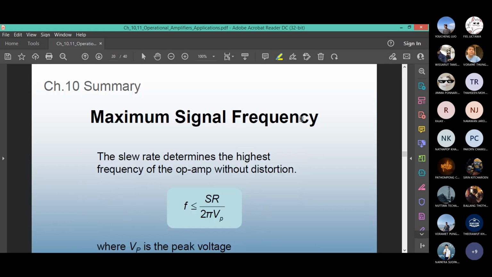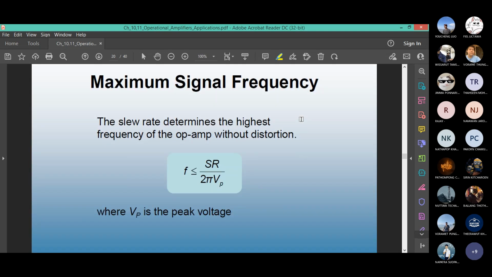Next subtopic. The slew rate is also important in determining the maximum signal frequency. Keep in mind that we are relating the slew rate and signal frequency, as long as it does not distort the signal. So the slew rate determines the maximum frequency of the op-amp without distortion.